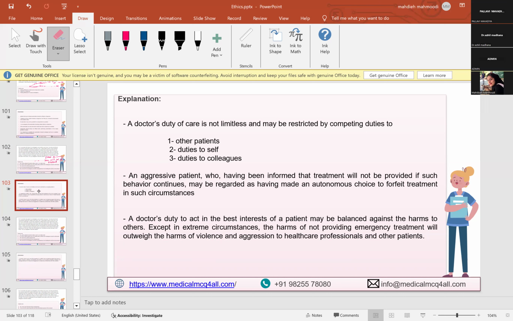Also, your duty to the patient should be balanced against the harms that the patient is making to other people, except in very severe emergencies. Otherwise, if your patient is being violent, you are done with the patient. Got it? Yes, ma'am. Very good. Next question.